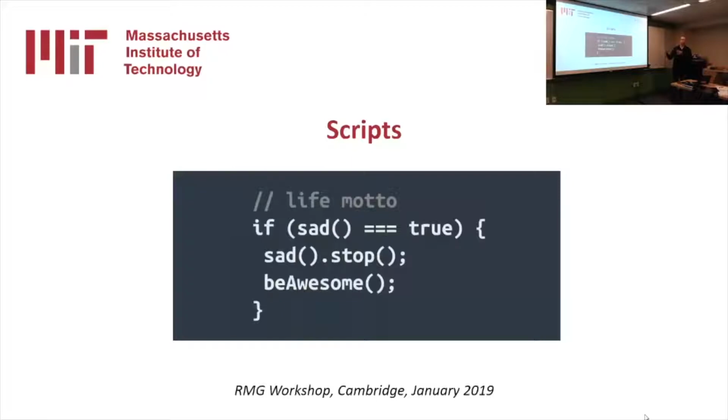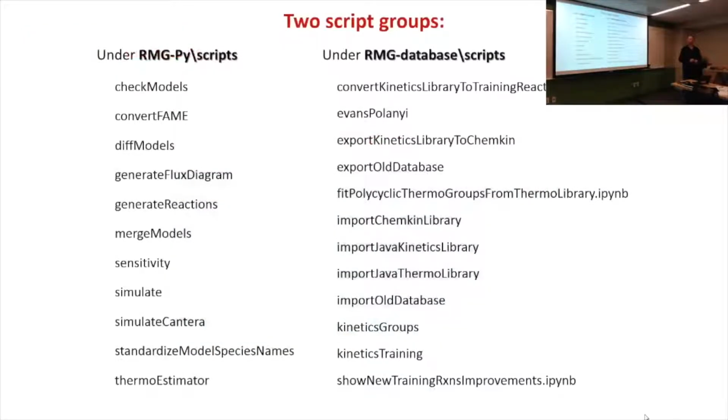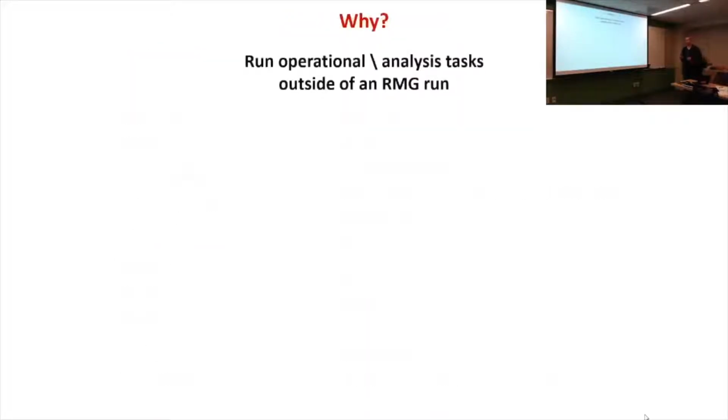So we already made scripts that you can just take from the shelf and use. So scripts in RMG, we have two groups. We have scripts in the RMG-Py repository under RMG-Py slash script, and under the RMG-database repository. We have several of these. Let's look into them soon and discuss several which might be more relevant.